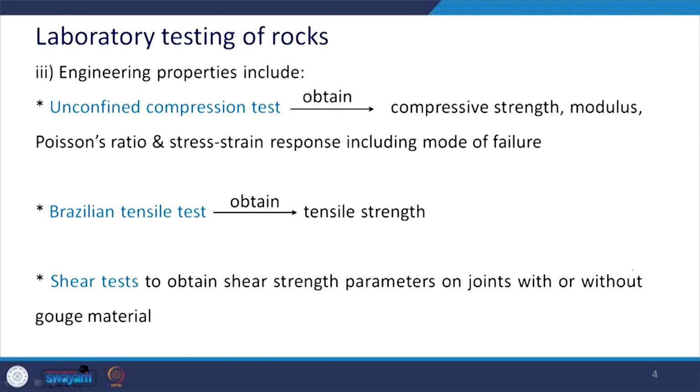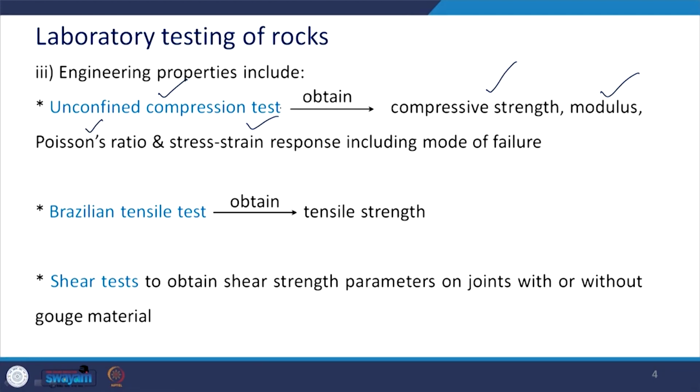Now the engineering properties of the rock include the testing towards the determination of the engineering properties. The first one is the unconfined compression test. Conducting this test we can obtain the compressive strength, modulus, Poisson's ratio and stress strain response, including the modes of failure.